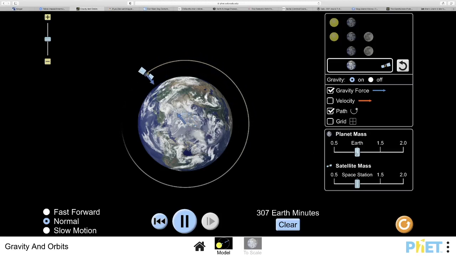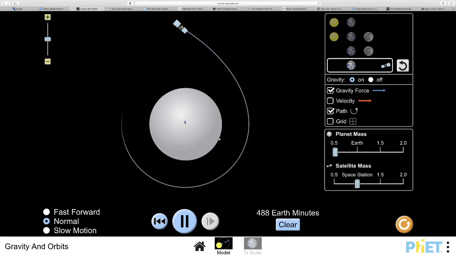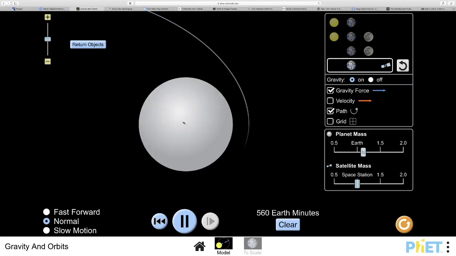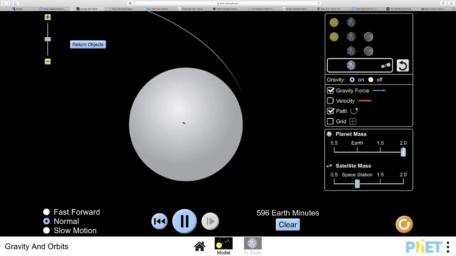So let's mess around. What happens if we make the Earth smaller? Is it going to decrease or increase the amount of gravity it's putting on the satellite? Let's take a look here. Less gravity, there went the satellite. Let's increase that mass really quick here and see if we can bring the satellite back into orbit. It has taken off. Might not come back. Oh, here it comes, and there's what happens.